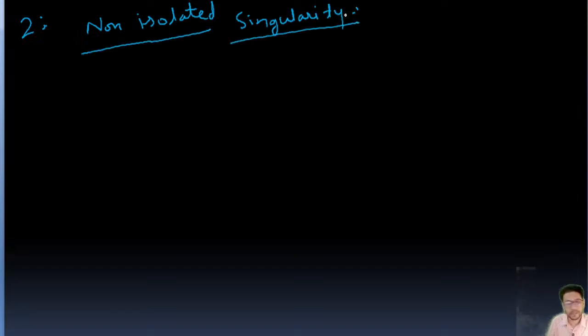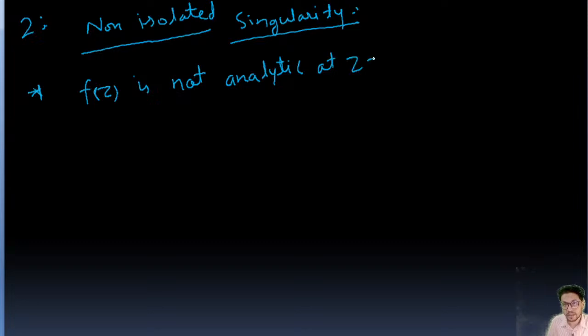Next is non-isolated singularity. Here, first, f(z) is not analytic at z equal to z naught.